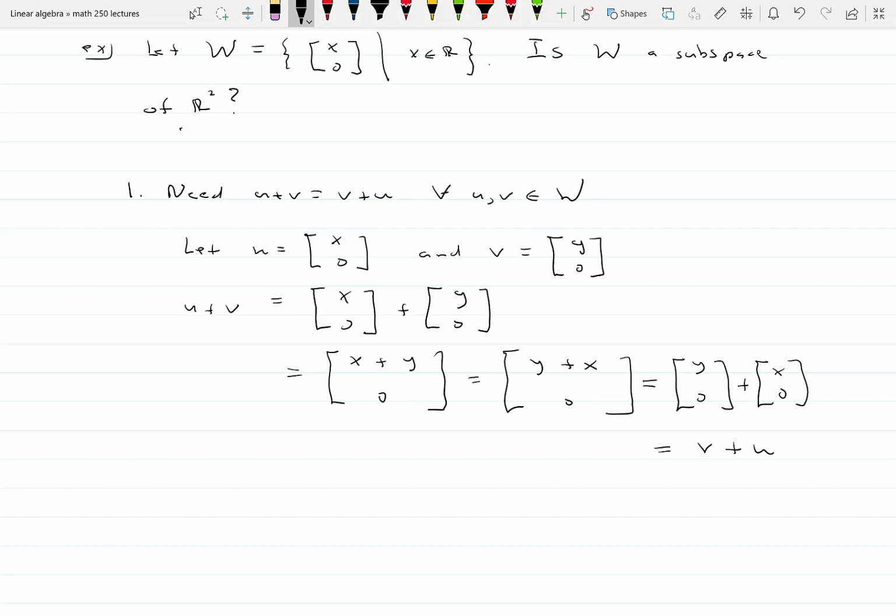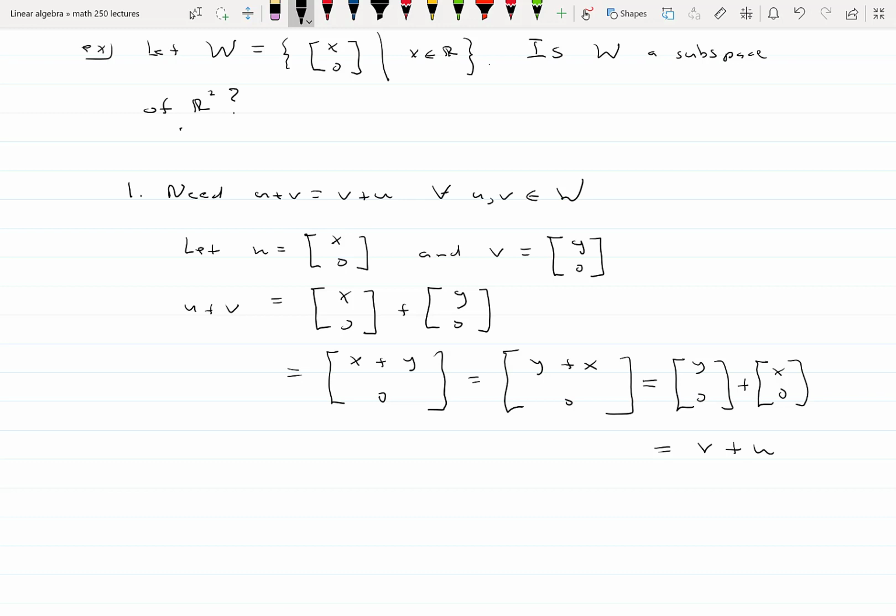Well, here's the answer. We don't need to check property 1, because property 1 holds for all vectors in R2. Don't forget, R2 is a known vector space.